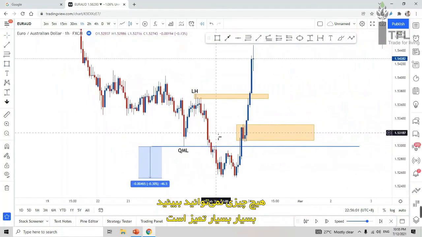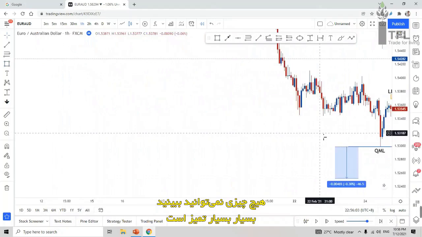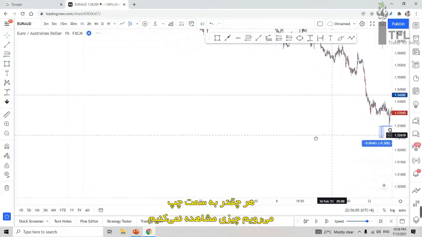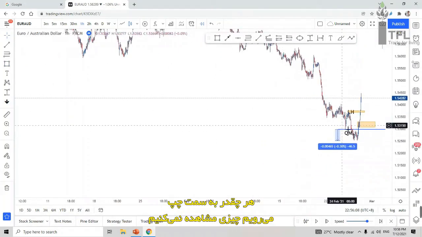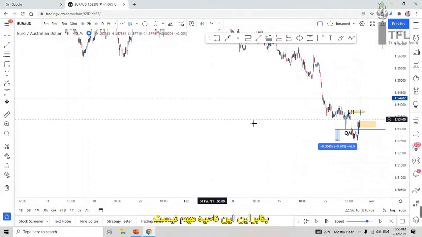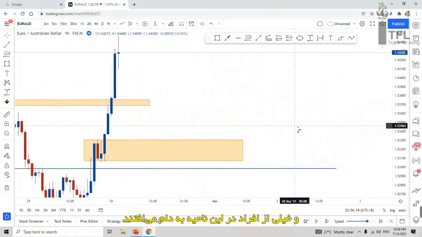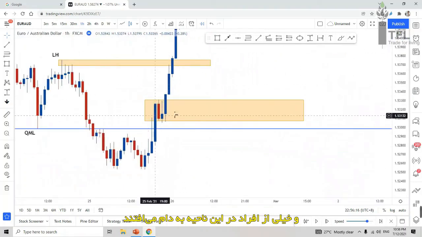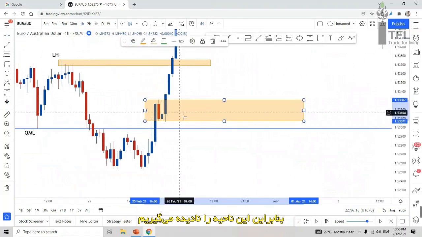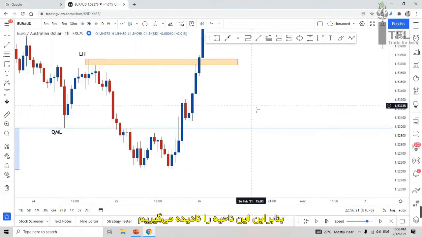No. You can see that there's nothing. Even if I zoom in and look to the left some more, it's very clear that there's nothing. So it's not important. A lot of people will get trapped at this area. So we just ignore this for the moment.